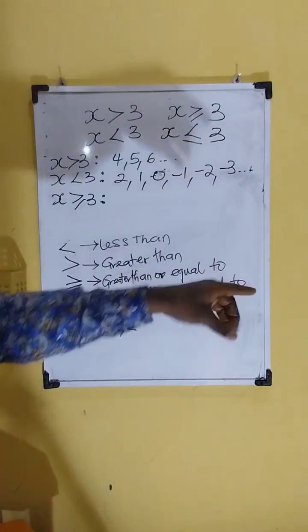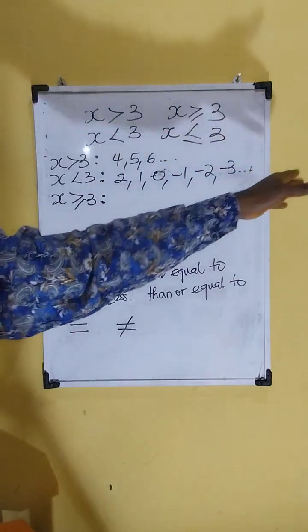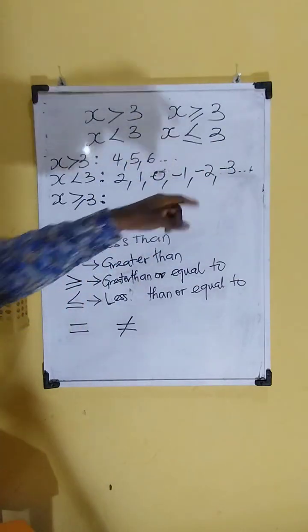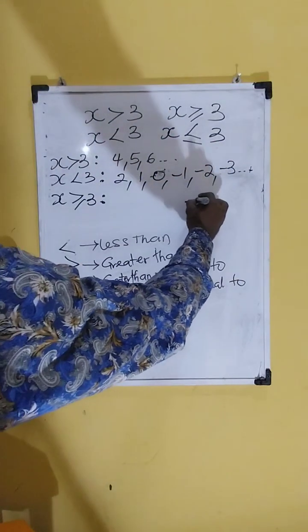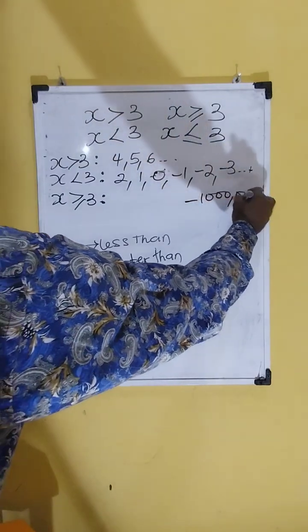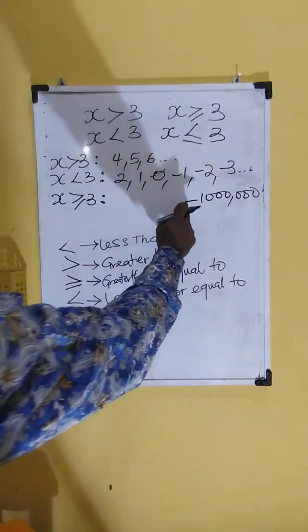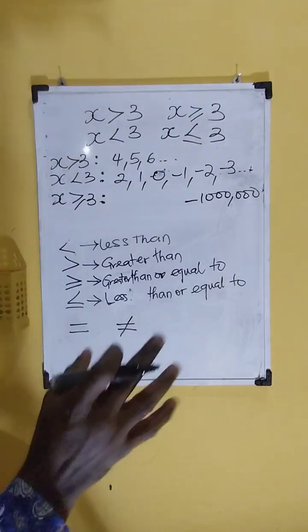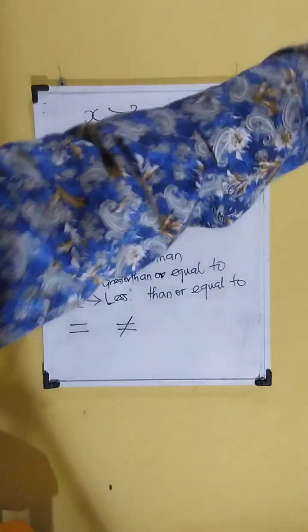Anything that is less than 3. So negative numbers that follow, even if it is minus 1 million, provided it is less than 3. So it goes like that.